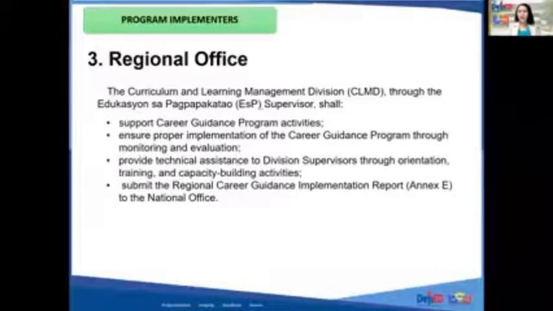So dito makikita na rin ano yung napo-project natin na kakailangan o kinakailangan ng ating mga implementers, no, sa division at sa school level. So that is the task of the regional supervisor, no? Paano natin sila maa-assist? Kayo rin kasi yung nakakaalam kung ano yung naging performance ng inyong division or ng inyong region for last year's career guidance implementation.